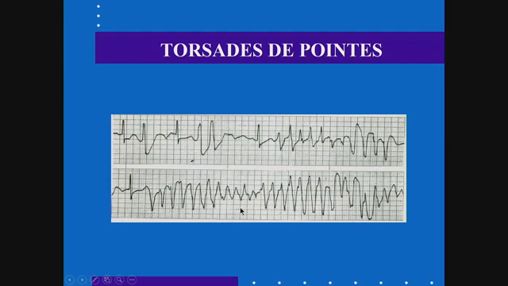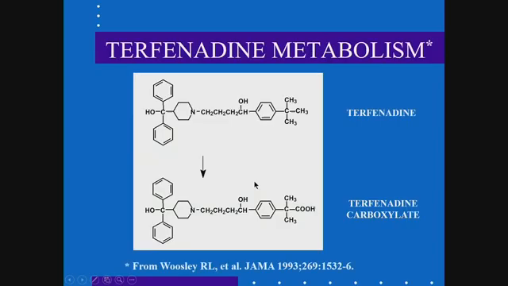This is a very abnormal rhythm. You can see here a normal beat, if you will, in the electrocardiogram preceding these runs of polymorphic ventricular tachycardia that is actually drug-induced. So this is another example of a potentially life-threatening adverse reaction from drugs.